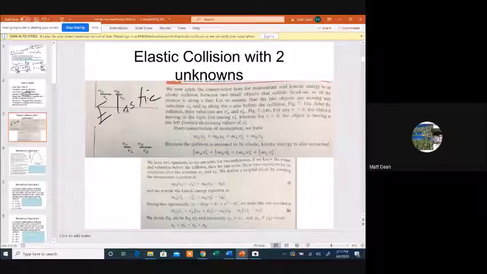So that might be a little bit difficult to solve. But since this is an elastic collision, we know that both momentum and kinetic energy are conserved. Kinetic energy, remember, is 1/2 mv squared. So what the textbook did here is set up an equation for the kinetic energy of each object.